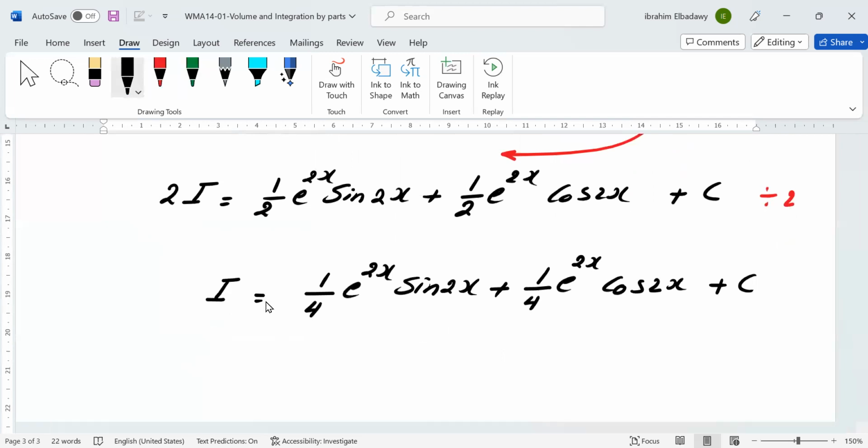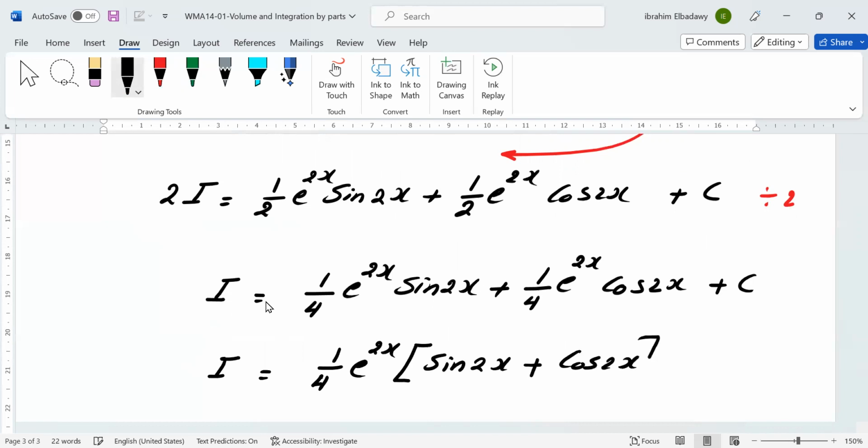So I have a quarter e^2x as a common factor between the first two terms. So you can write it like that. I equals a quarter e^2x, open bracket, sine 2x plus cosine 2x, and at the end put the c.